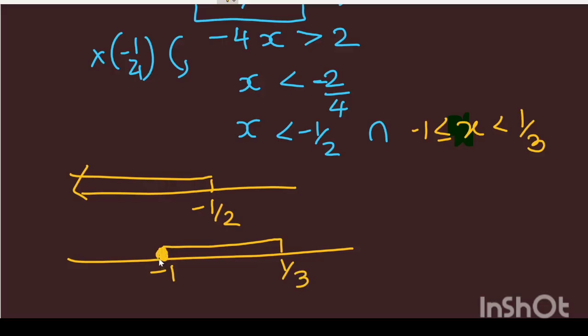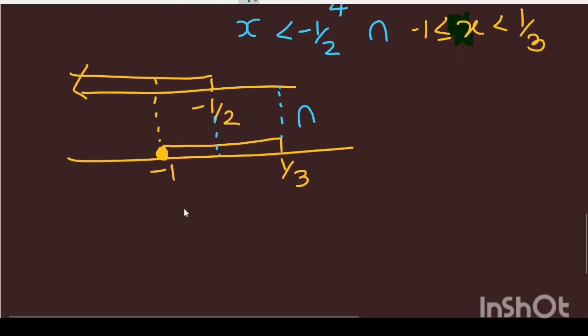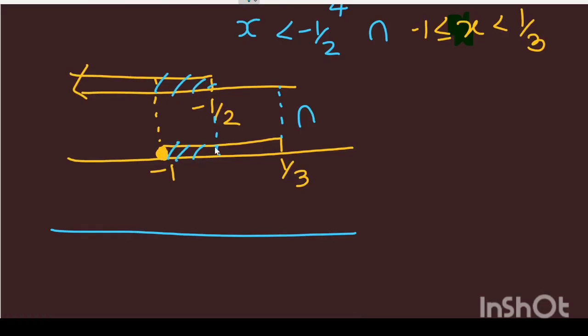Minus 1 is included, dark circle. Now if you draw perpendiculars to find the intersection, the common interval is this, and minus 1 is included in both. So we take minus 1, dark circle, to minus half. This is the second part answer.